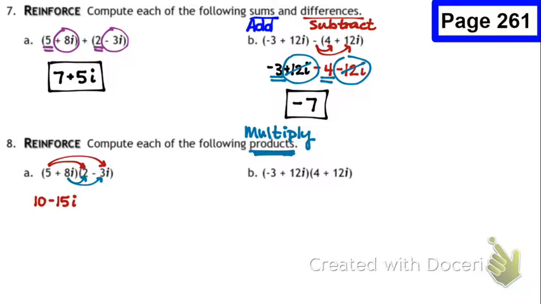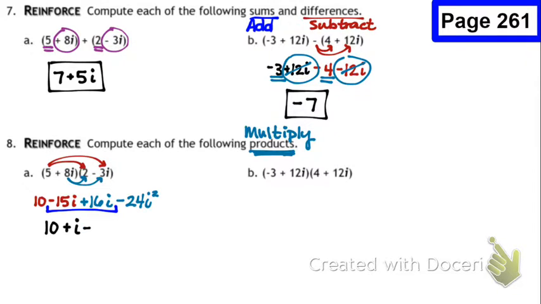And what do I get? 16i. Positive or negative? Negative 24i squared. Any like terms? Yep. 15i and 16i. That would give me 1i.